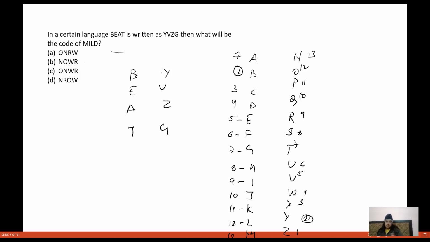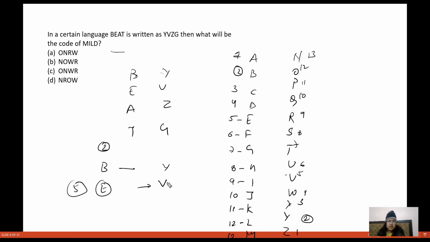So we find that M and N are splitting the sequence into two parts. B is 2, and what is 2 corresponding? Y. E is what? 5, and what is 5 corresponding?